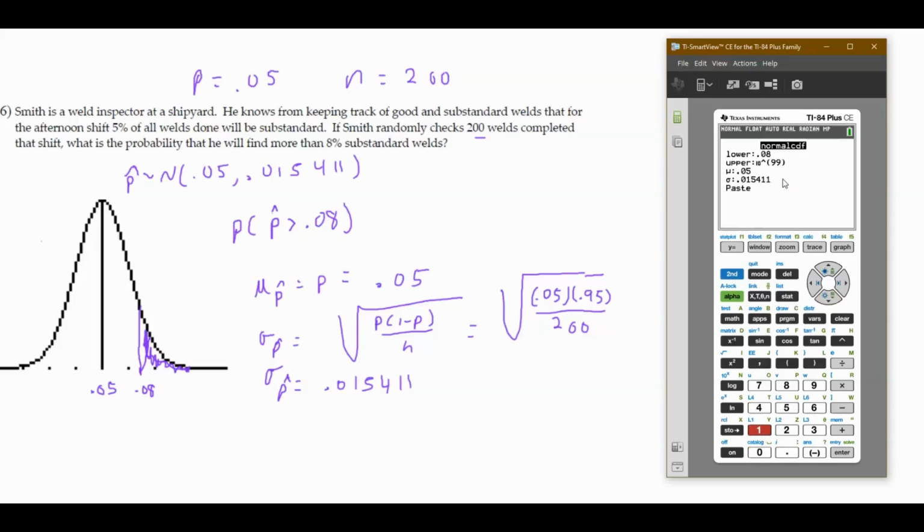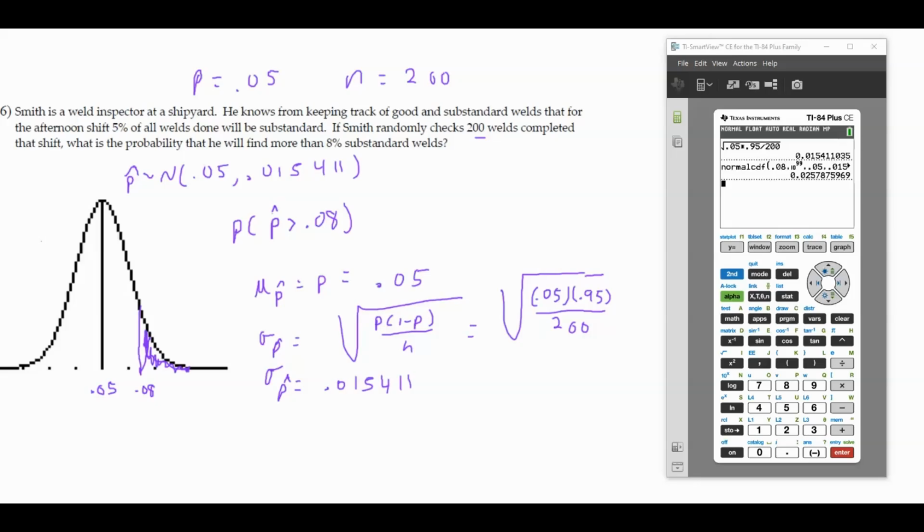I carry several decimals on here to avoid rounding errors, and then enter. So this is our probability. The probability will be 0.0258 if I round to 4 decimals. And again, pay attention to the number of decimals that the test asks you to round to.